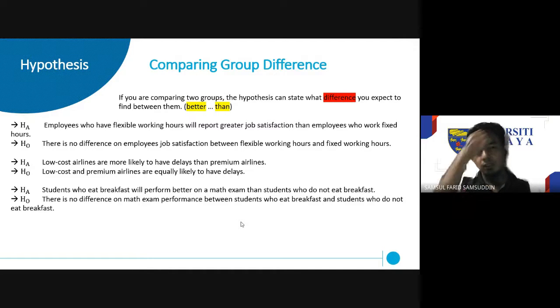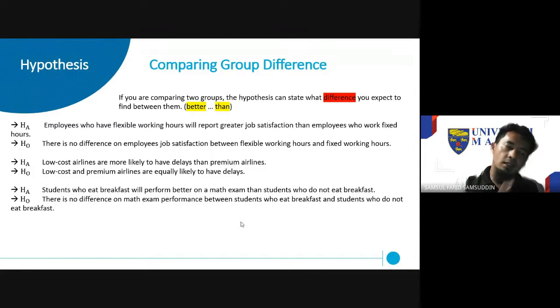For example, some studies state their null hypothesis, and sometimes they state their alternative hypothesis. But as I mentioned before, this is based on previous studies. So based on these studies, they mentioned there is no difference in employees' job satisfaction between flexible working hours and fixed working hours, for example.